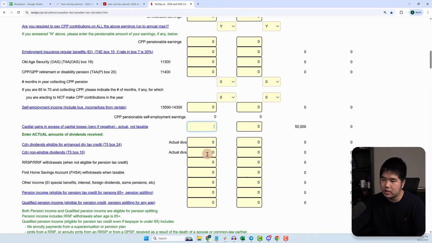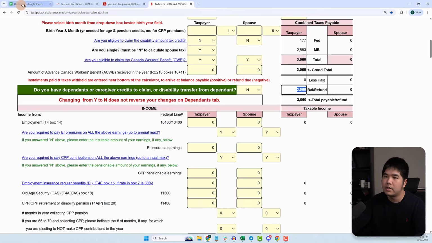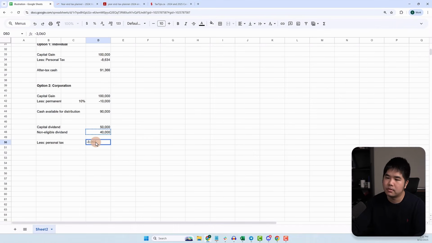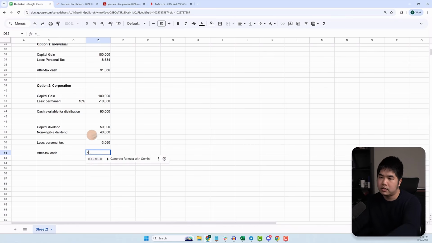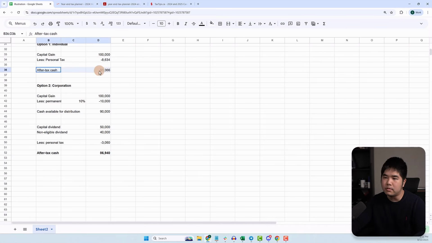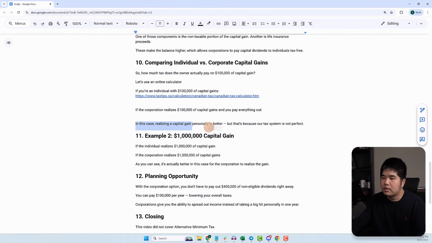Canadian non-eligible dividends. Let's put $40,000 here. Copy this. So our after tax cash is 50 plus 40 less 3,000. So obviously this option is better. In this case, realizing a capital gain personally is better, but that's because our tax system is not perfect.